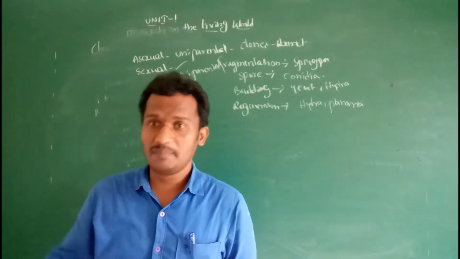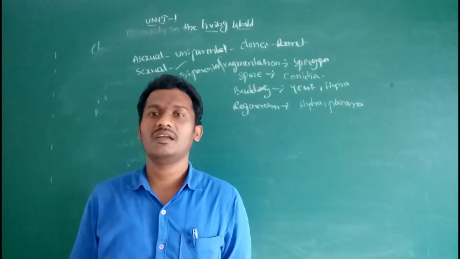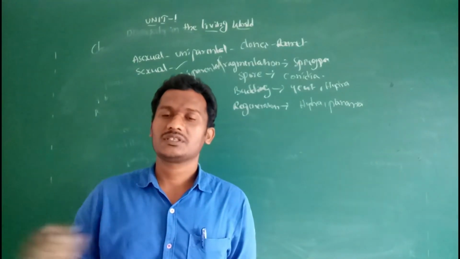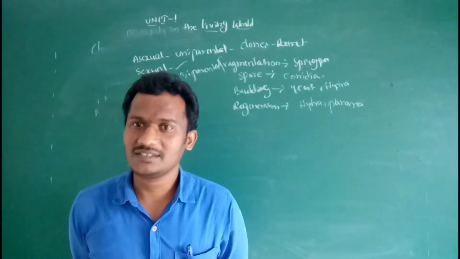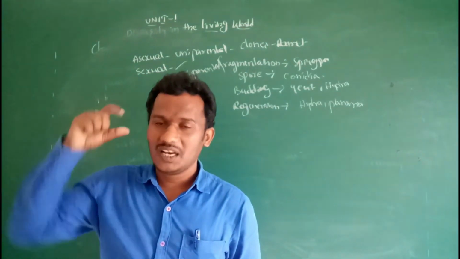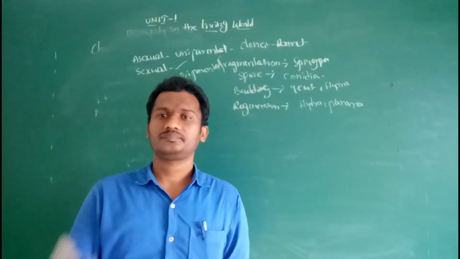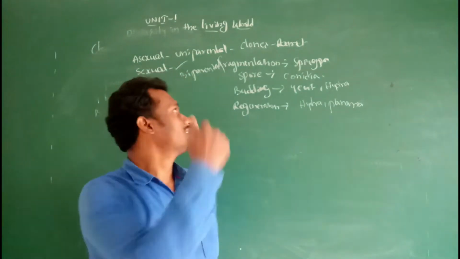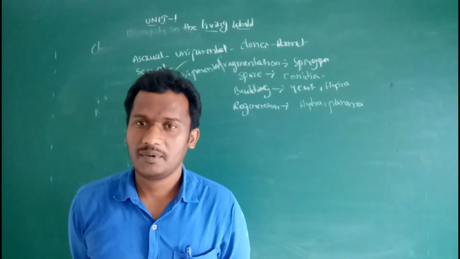As a result of sexual reproduction, organisms have survived for millions of years through the evolution of a number of characters. So these are prerequisites to adapt in a changed environment, sexual and asexual reproduction.